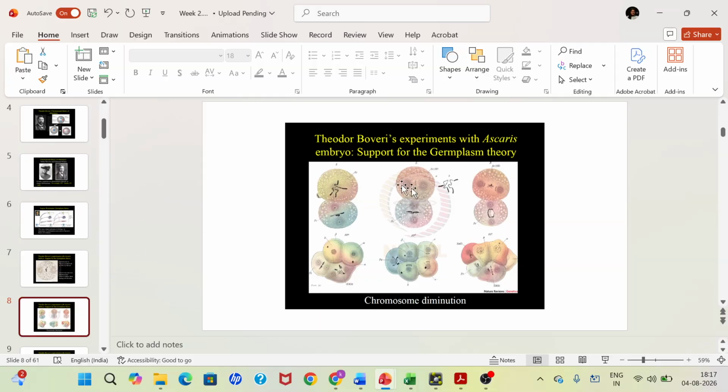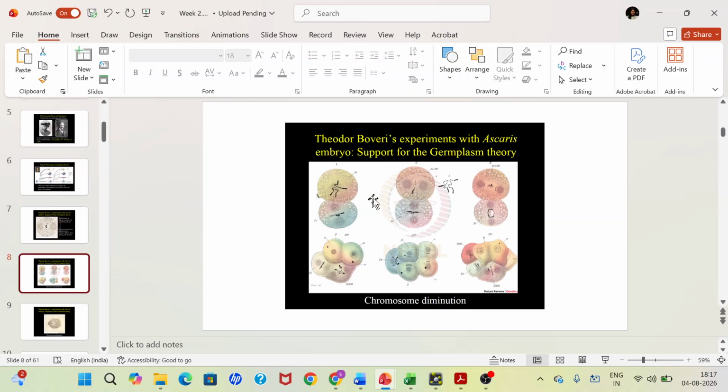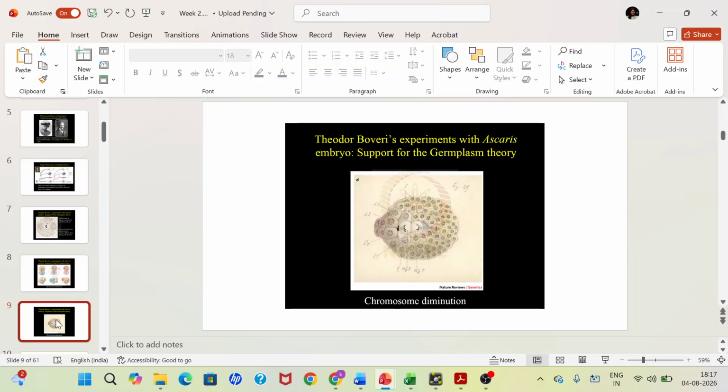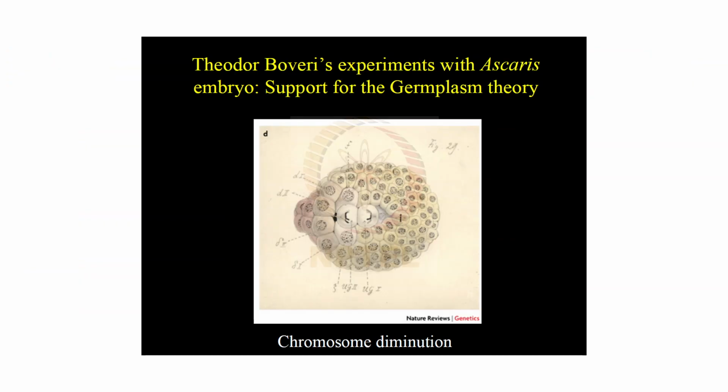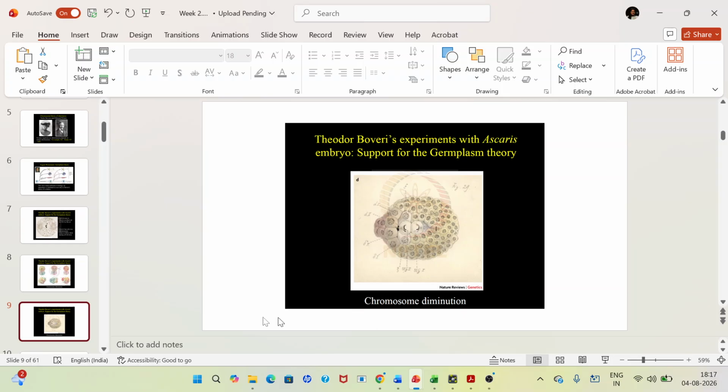He found that at last the germ cells possess all the chromosomes as such, although they got degraded in other cells. The phenomenon of chromosome diminution was there in Ascaris, but the germplasm cells carried the exact chromosomes required to carry the information into the next generation. Okay, so that is what he observed.